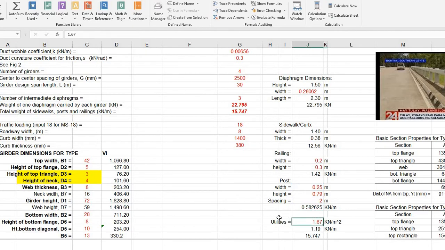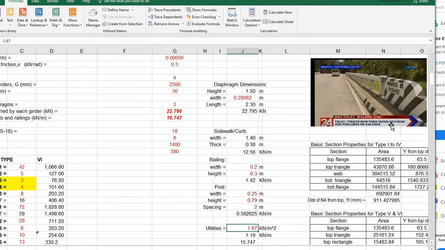Tapos, sa utilities naman, ito yung mga nakasabit sa ilalim ng slab, no? Yung mga tubo, communication lines, transmission lines na sinasabit yan sa ilalim. So, let's say naglagay ako ng 1.67 kilopascal or kilonewton per meter squared.